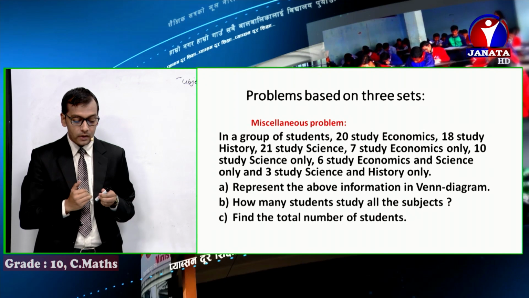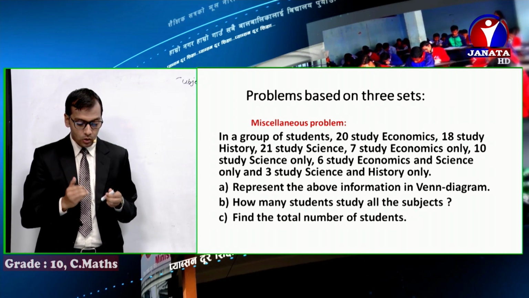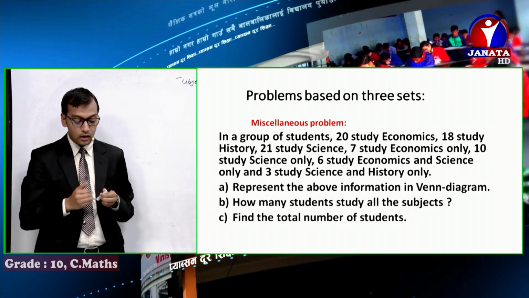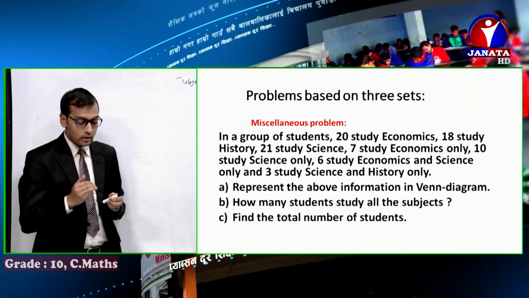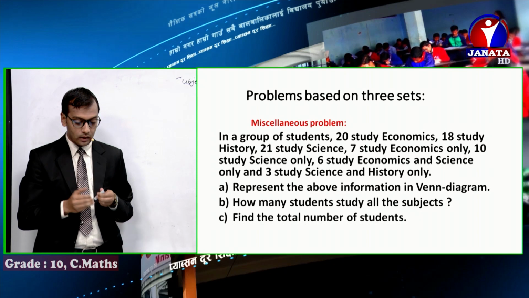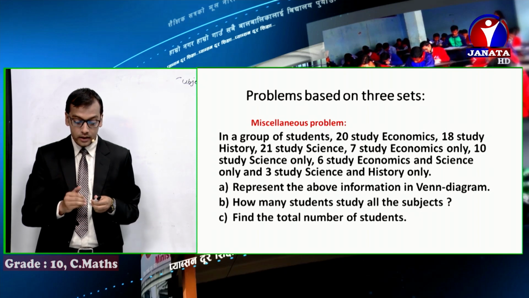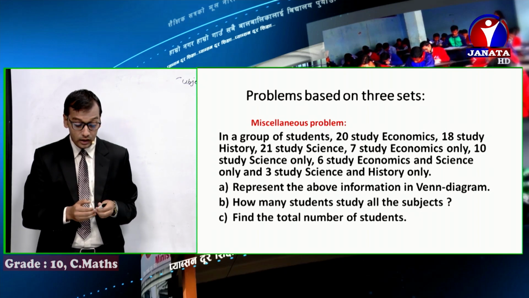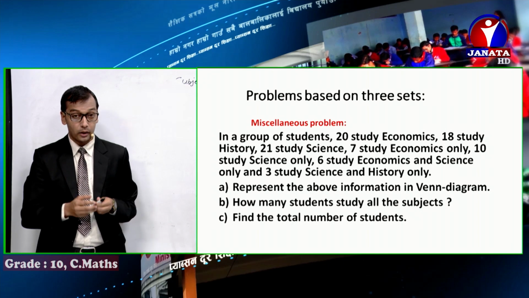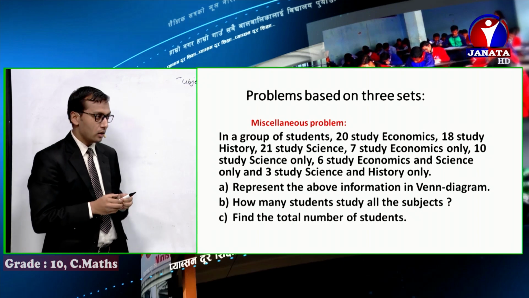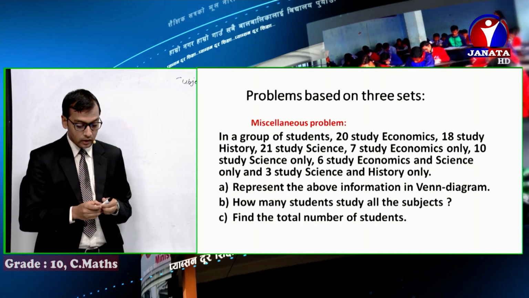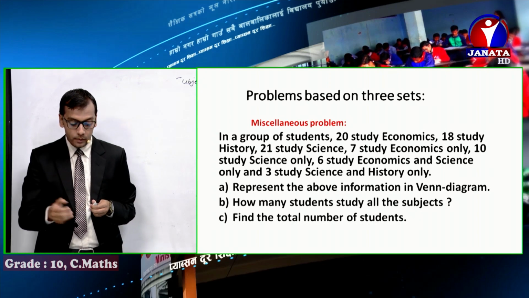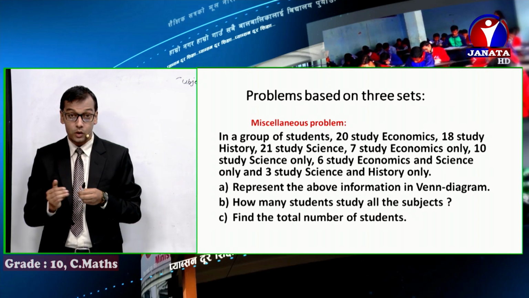In a group of students, 20 study economics, 18 study history, 21 study science, 7 study economics only, 10 study science only, 6 study economics and science only, and 3 study science and history only. So there are three different questions on this. Represent the above information in a Venn diagram. How many students study all the subjects, and find the total number of students.